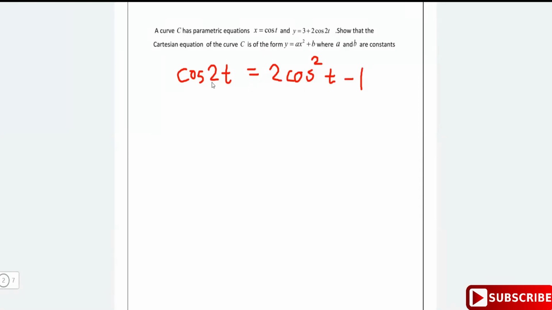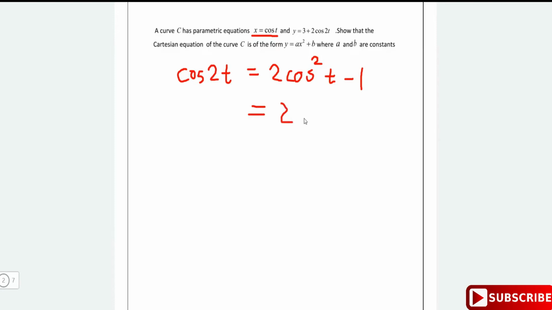And so remember, x is cos t. So cos 2t is actually 2 cos squared t minus 1, but cos squared t would be x squared.